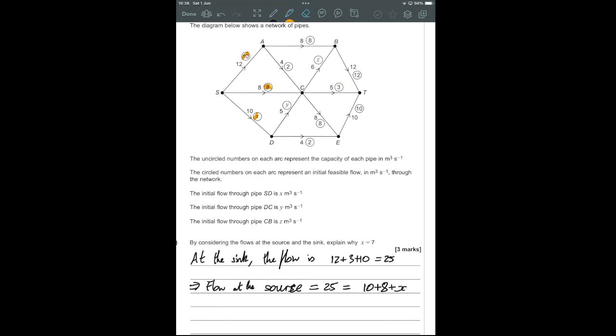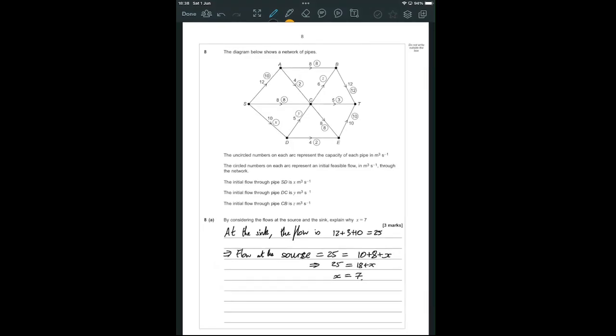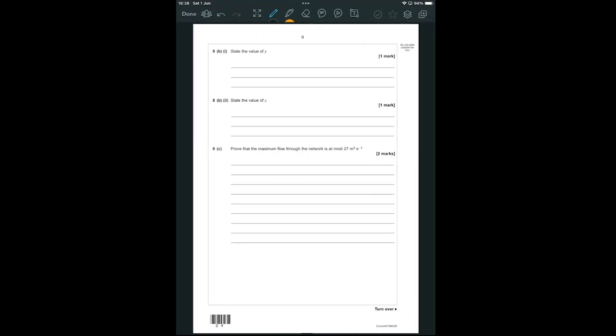Well, that's exactly the information we need to say 25 equals 18 plus x. So x equals 7. I wouldn't have written so much if it just said find x, but because it was an explain and show that, it was worth doing a bit more work.